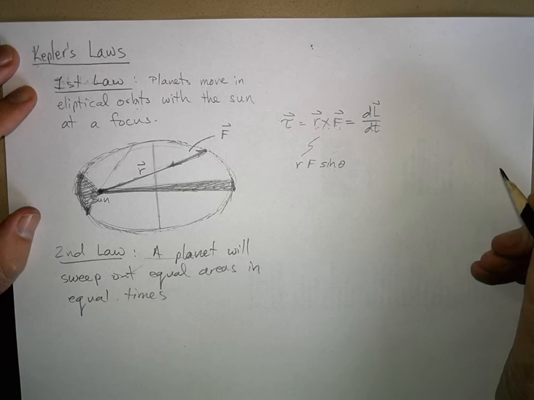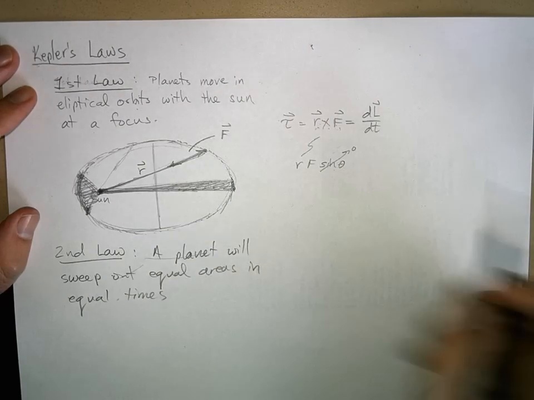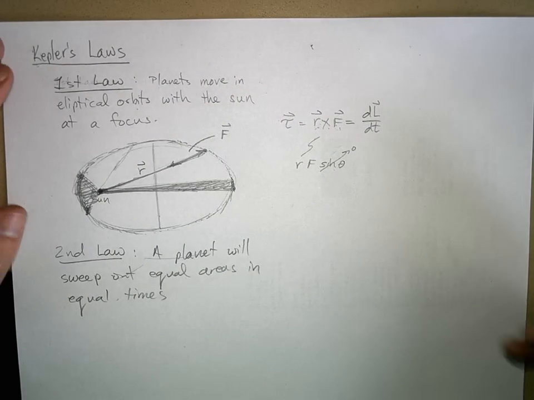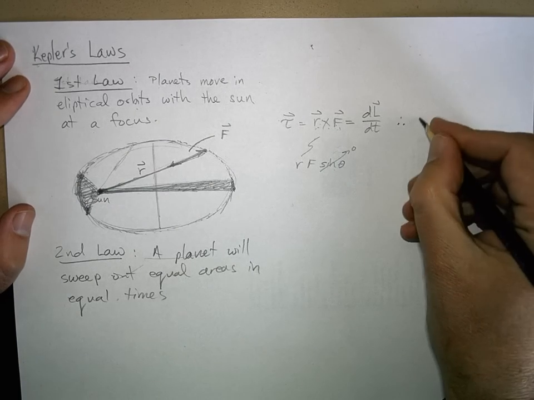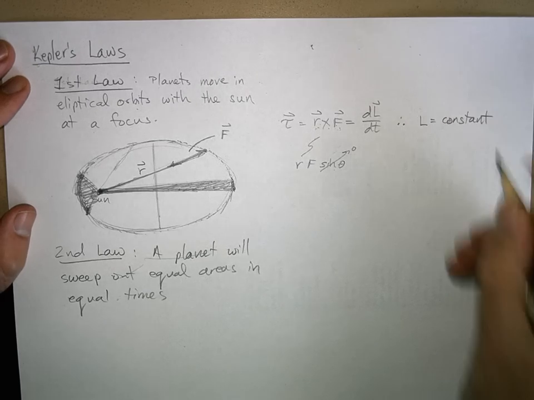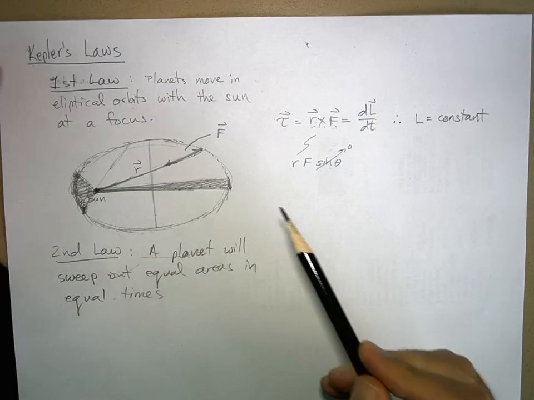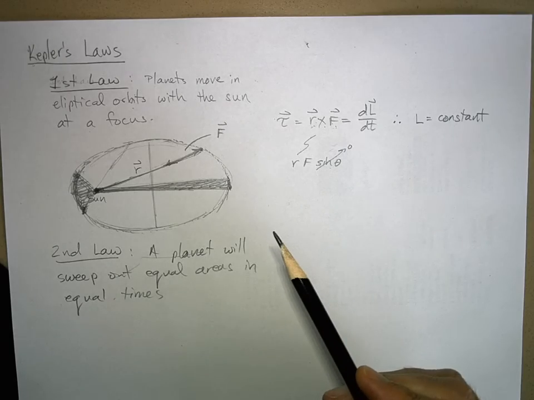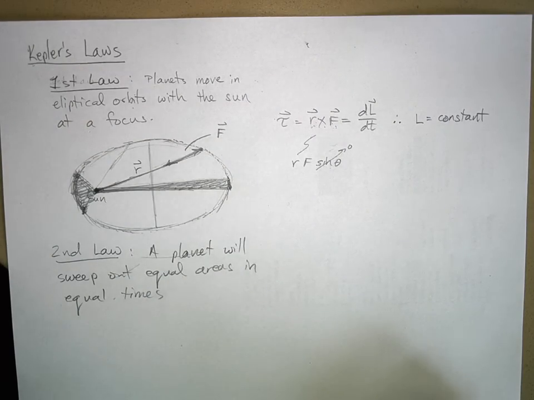And what's the sine of 180 degrees? It's 0. So the torque is going to be equal to 0. Therefore, L equals a constant. So we can say that the angular momentum of a planet as it goes around the sun doesn't change with time. It's conserved.